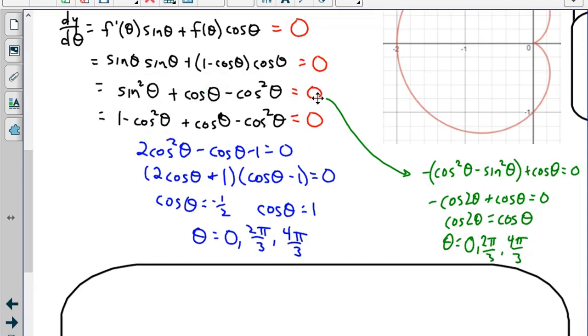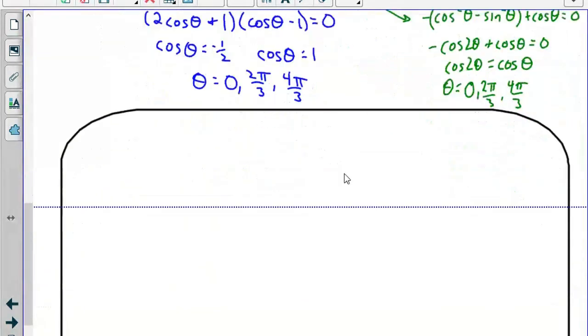That's something I did. The other thing you could have done was used a different trig identity. You could have taken negative cosine squared plus sine squared, factored out a negative sign, and realized that cosine squared minus sine squared is actually cosine of 2 theta, and you would have got the same answers because cosine theta equals cosine 2 theta at exactly 3 angles between 0 and 2 pi. It's at 0, 2 pi over 3, and 4 pi over 3.